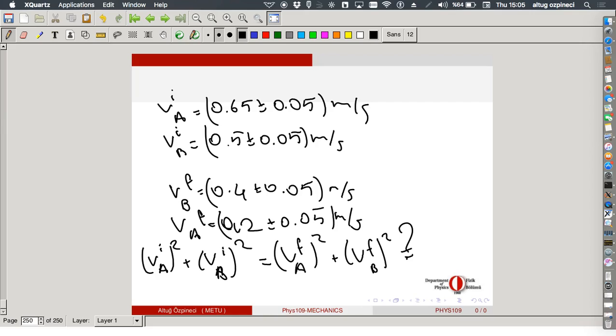Okay, somebody with the calculator. You finally learned how to use the calculator. Yes, what is VAi squared plus VBi squared? You calculate the final value. These are the initial. 0.117 meters squared per second squared.